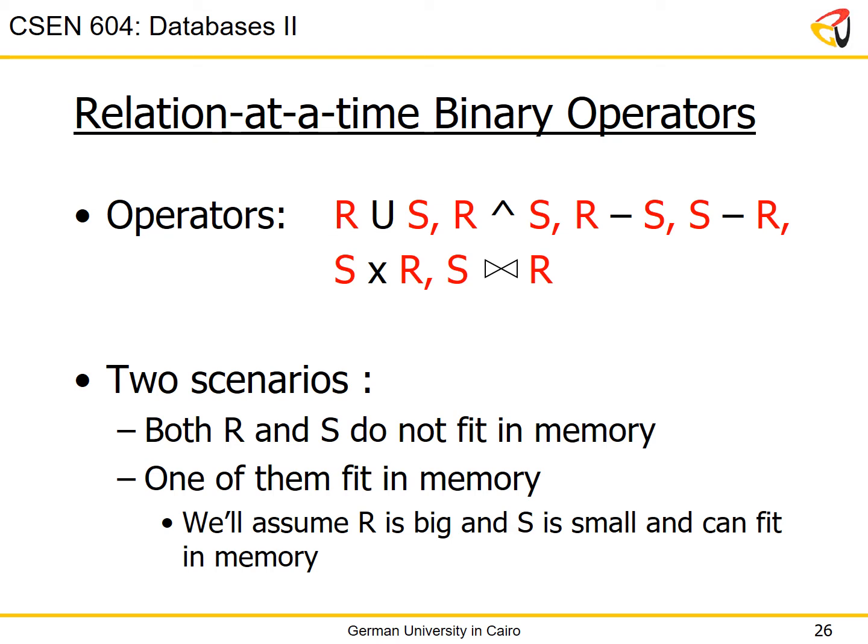So usually when you relate tables, the more common version we see in the database world is that one is much smaller than the other. But we still have the situation where both are too big and they cannot fit in memory.